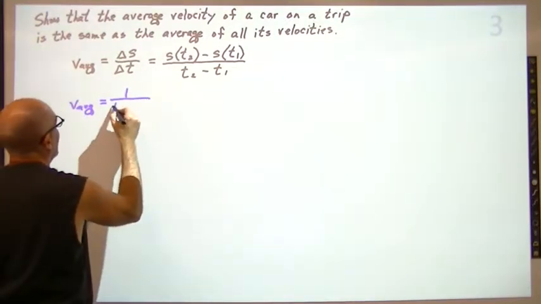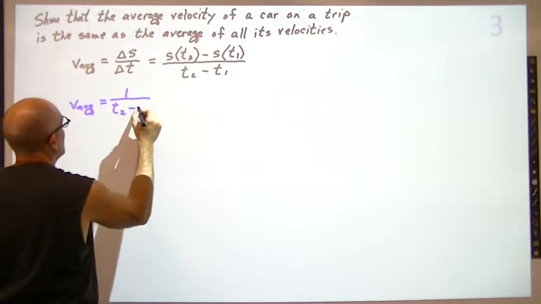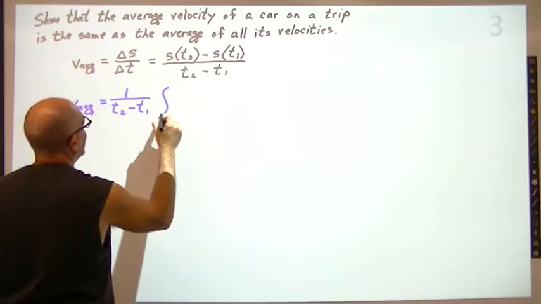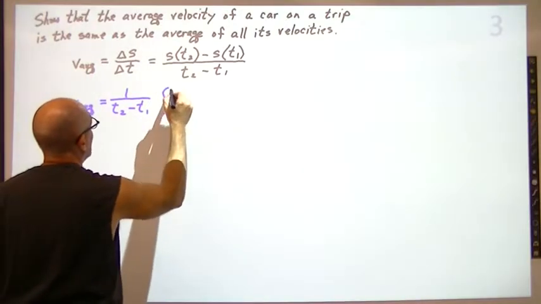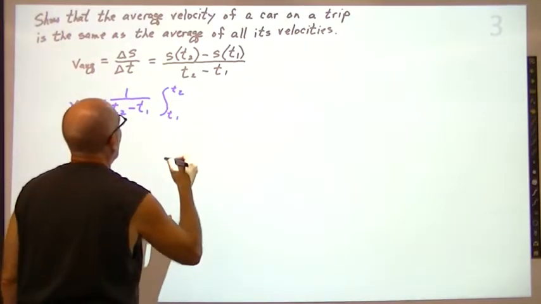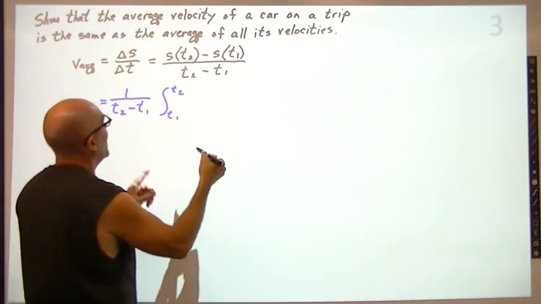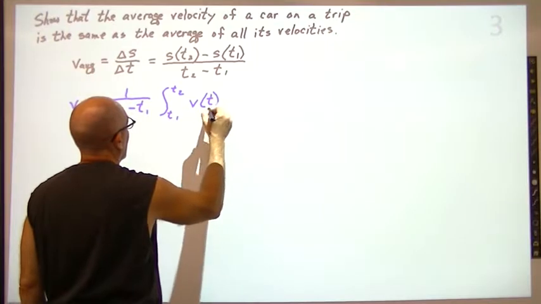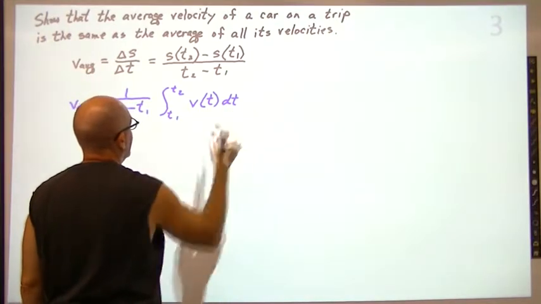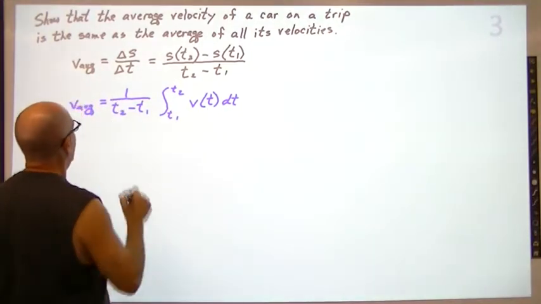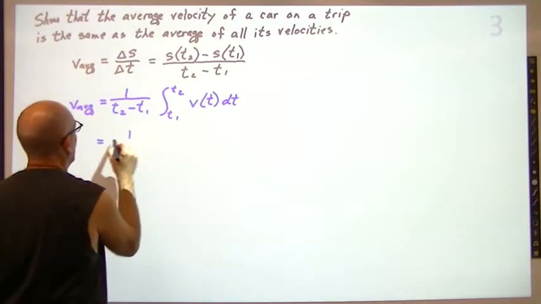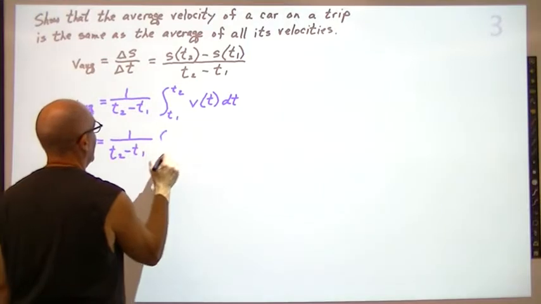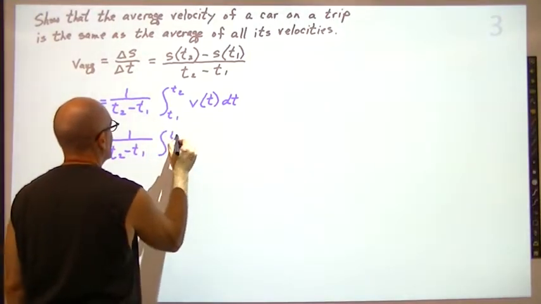Well, b is time 2 and a is time 1, times the integral from time 1 to time 2 of the velocity function dt. Now this equals 1 over t2 minus t1, integral from t1 to t2.